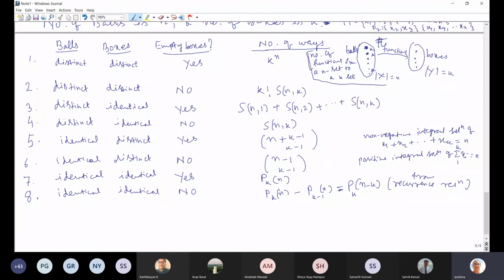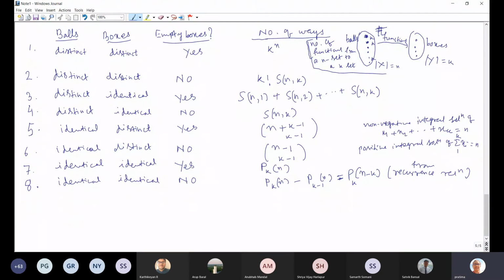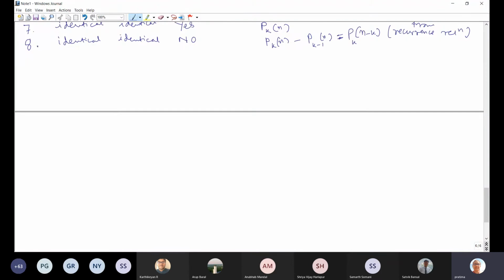So this is about the Stirling number of the second kind that I have told you, and the Stirling number of the first kind is finally left. Just quickly I'll tell you what the Stirling number of the first kind is.